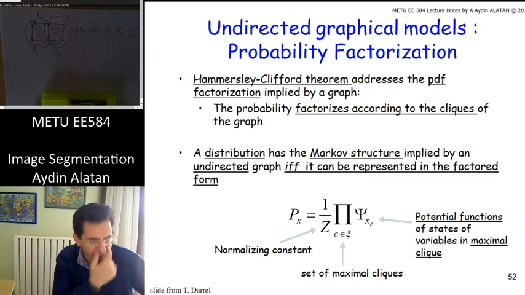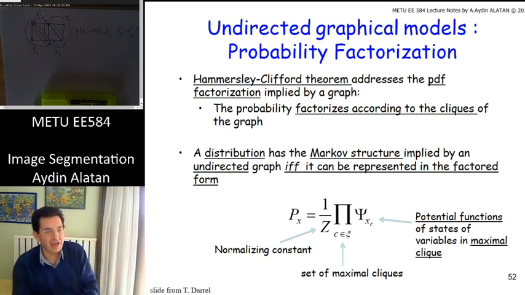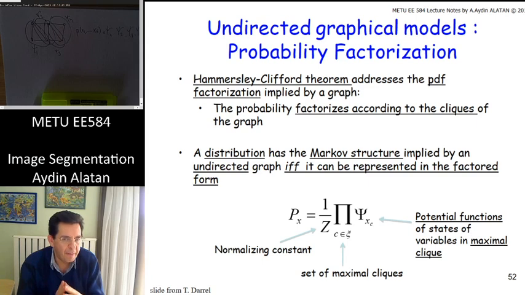Okay, therefore, I am just writing the joint PDF in terms of these potential functions, compatibility functions. And I define it in terms of the maximum cliques. And by multiplying them, I obtain the joint PDF. If the joint PDF is factorizable, we call it a Markov structured distribution.